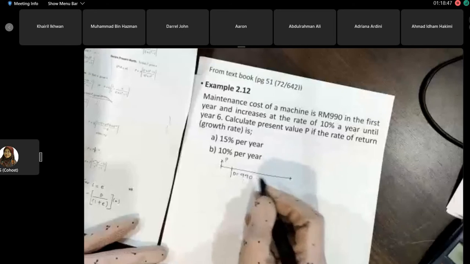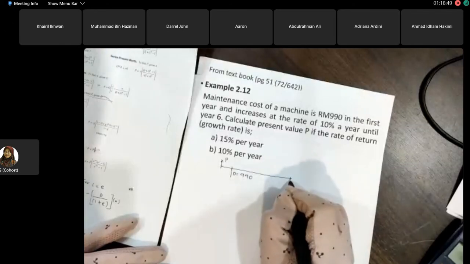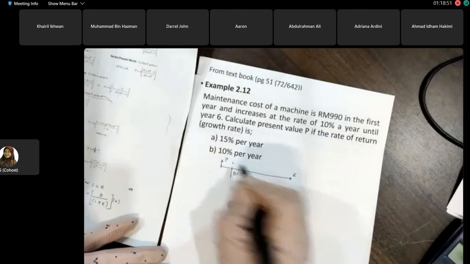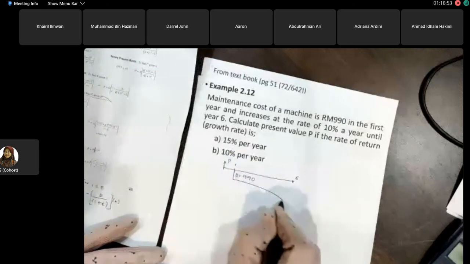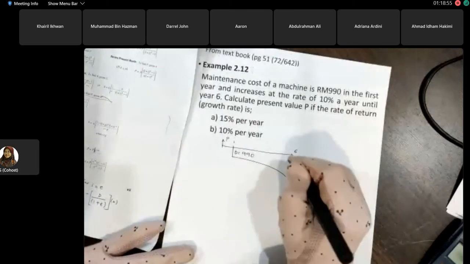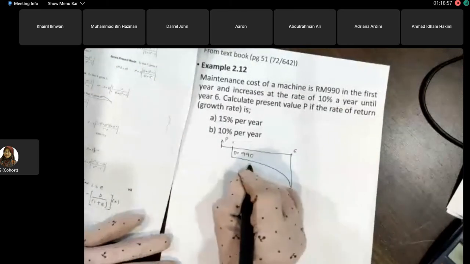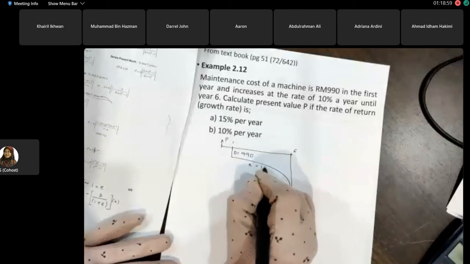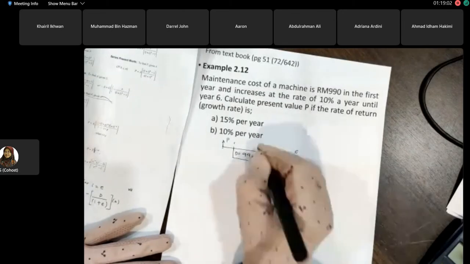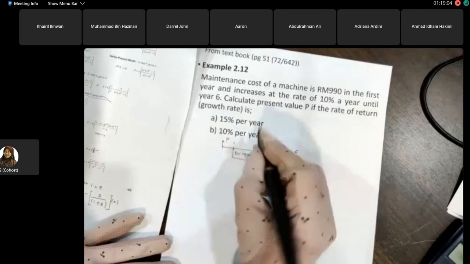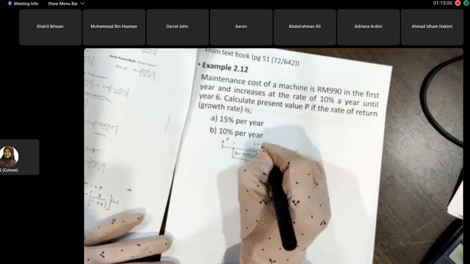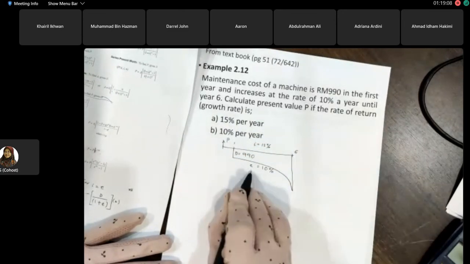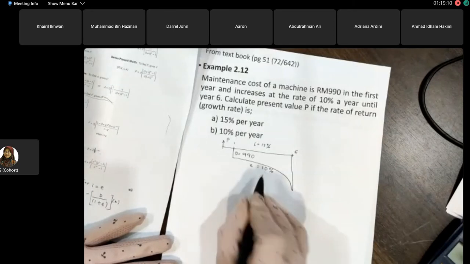So 990 ringgit is the exponential value. Okay, ni 6 in this one, and it will curve. Let's say yang first I is 50% per year, and the nilai E is 10%.